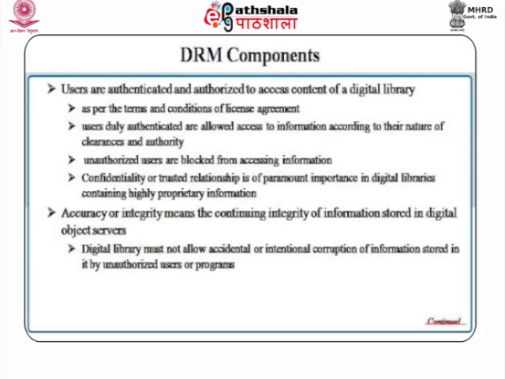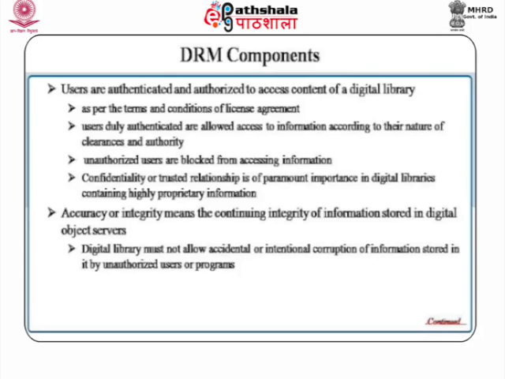The users are authenticated and authorized to access the content of the digital library as per the terms and conditions of license agreement. Users duly authenticated are allowed to access information according to the nature of their clearance and authority. Unauthorized users are blocked from accessing the information.